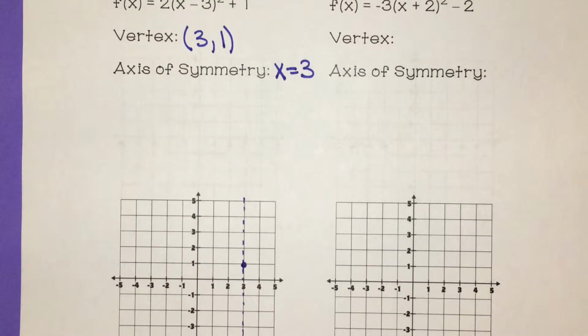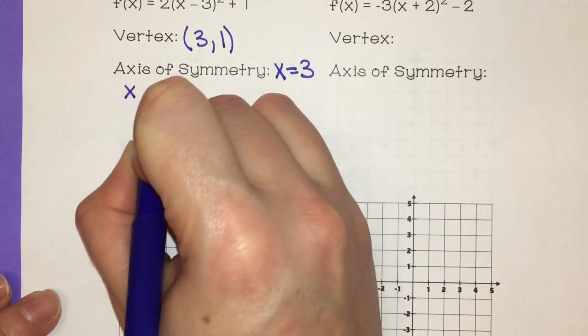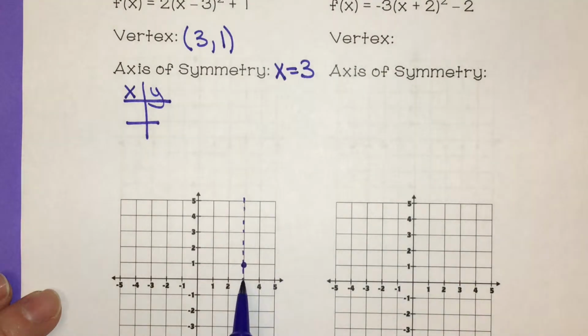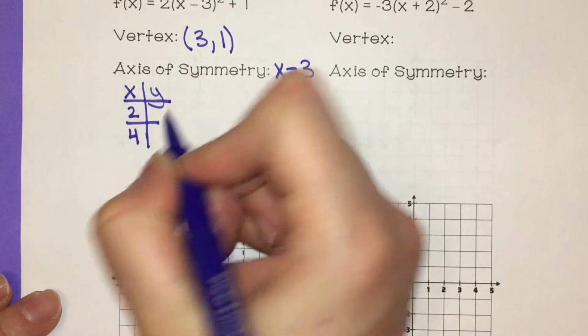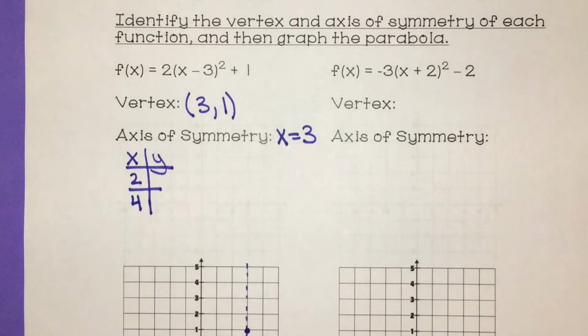This is the most basic type of way to graph a parabola. So we have x values and we will get out a y value. So I'm just going to do one x value away on either side. So I'm going to pick where x is 2 and where x is 4. And I'm just going to plug those x values into our equation that we're given and see what they equal.